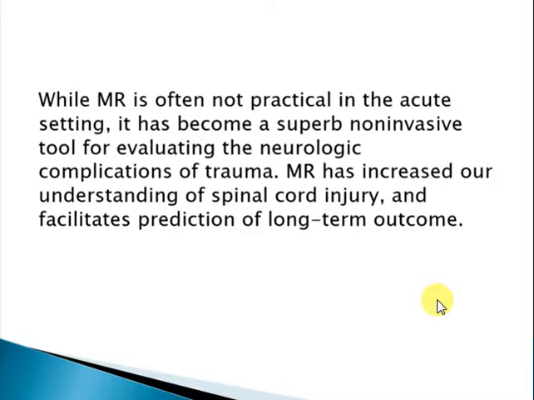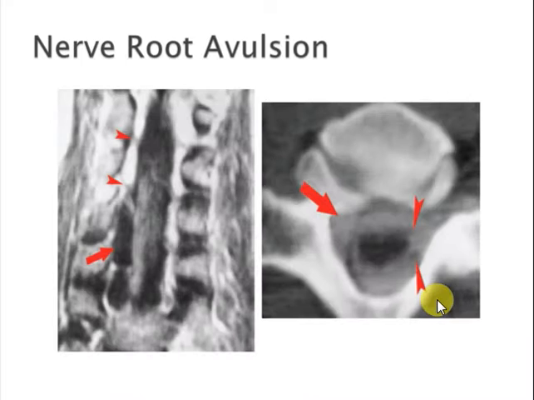And it increased our understanding of the spinal cord injury and facilitates the prediction of the long-term outcome. For example, you can see here this is a case of spinal root avulsion.